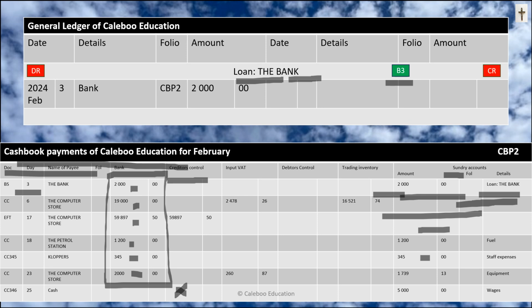Now, when you take the information to the general ledger from the journal, you need to post this information either on the debit side or the credit side. And the only way you can do that is if you know your rules and you understand your accounting. Go and check out that video of mine on the accounting rules. Now, loan is a liability because Calibre Education owes the bank money.